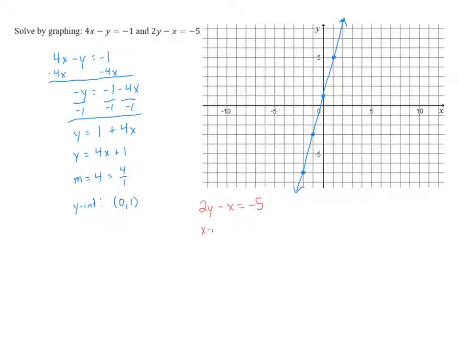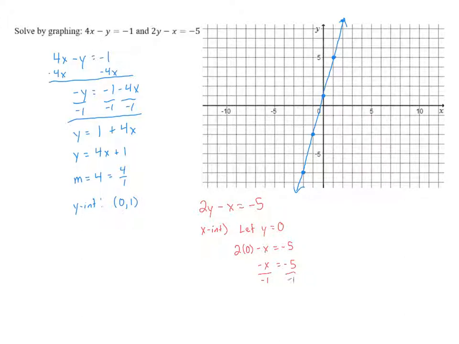To find the x-intercept, we let y equal 0. If we do that, we've got 2 times 0 minus x equals negative 5. And 2 times 0 is 0, so that term just vanishes. And we've got the opposite of x equals negative 5.